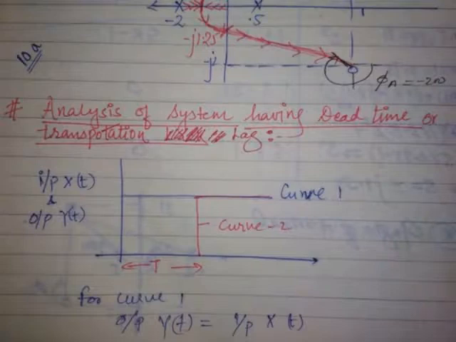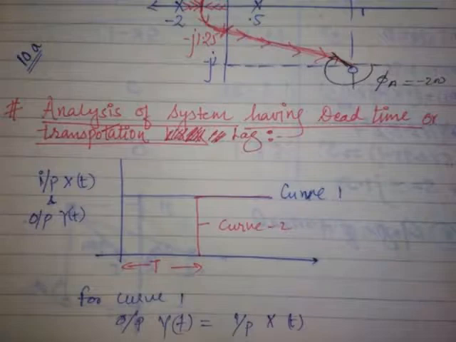This will continue. In this Taylor expansion of x of t minus t, we keep terms up to first order and neglect all higher order terms. Why are we neglecting higher order terms? If you take higher order terms, the approximation of dead time becomes very complex. Why keep up to first order only? If you don't keep up to first order, then y of t will be equal to x of t, and there will be no approximation for dead time.